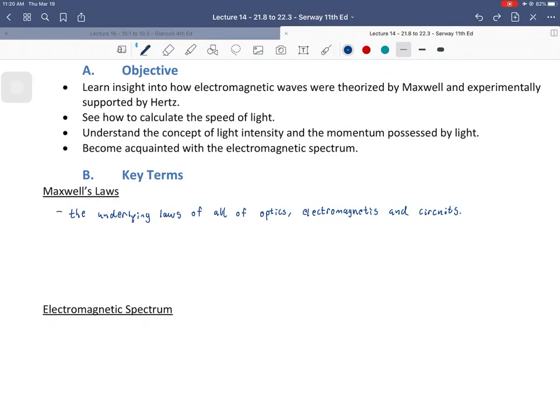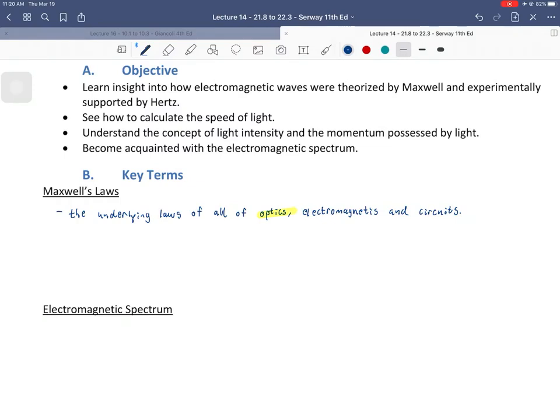I'm not going to present Maxwell's laws. They are partial differential equations that are outside of the scope of this class, but we want to understand them conceptually. And as far as these three topics, the one that we obviously have not discussed yet is optics, and that is going to be the topic of the next few chapters and the next 5 or 6 lectures.